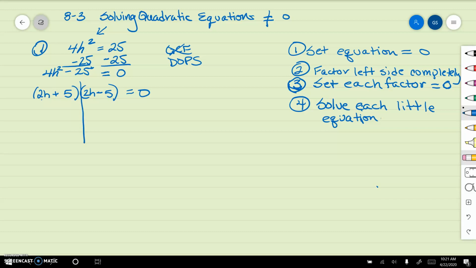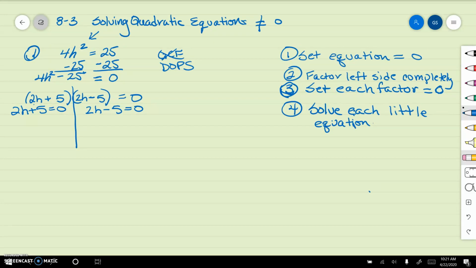Okay, we're going to set each factor equal to 0. We have 2h plus 5 equals 0, 2h minus 5 equals 0. Now we're going to solve each of what I call the little equations. So we started with one bigger equation, and now we have these two little ones.